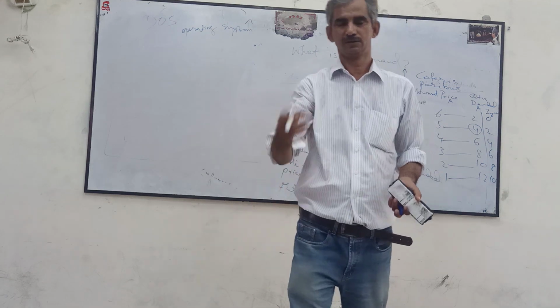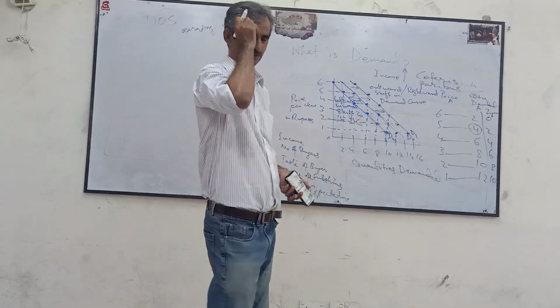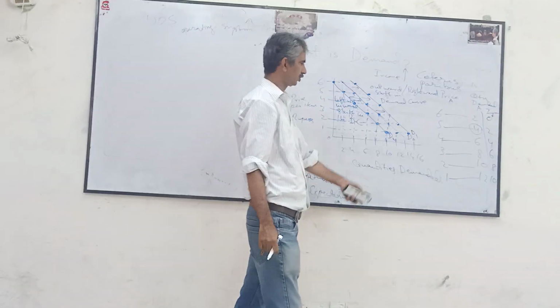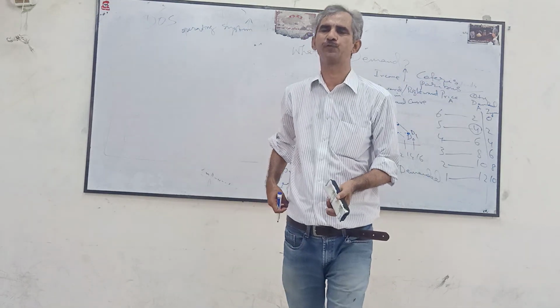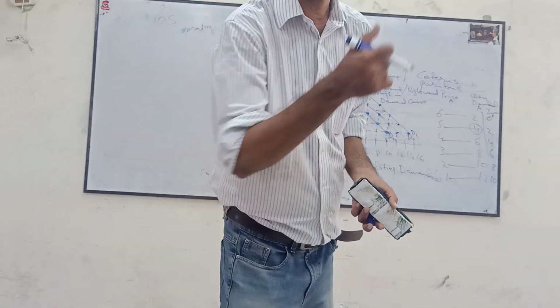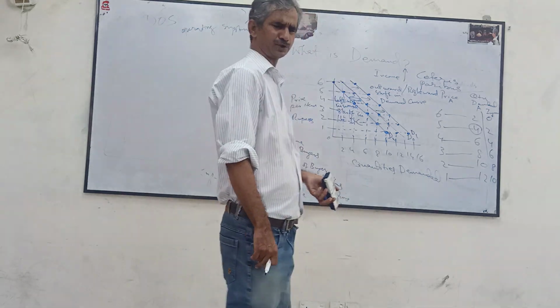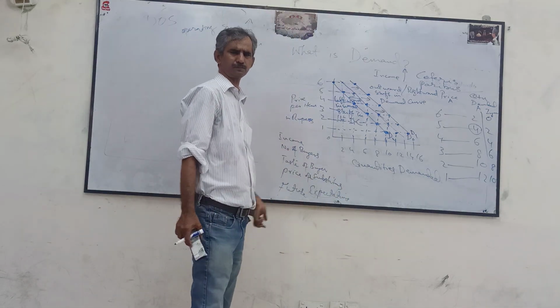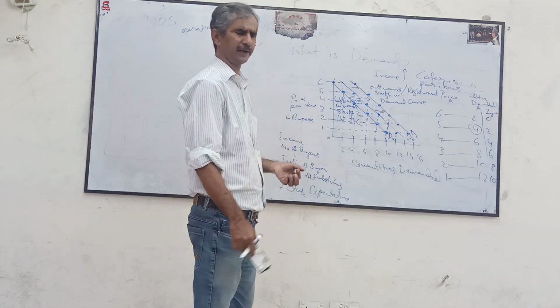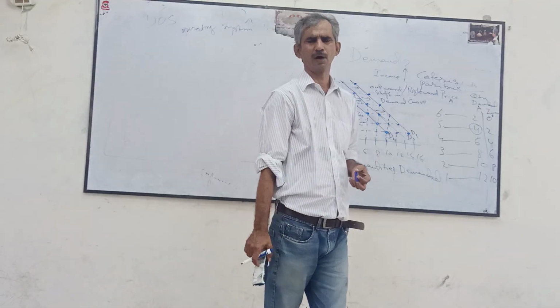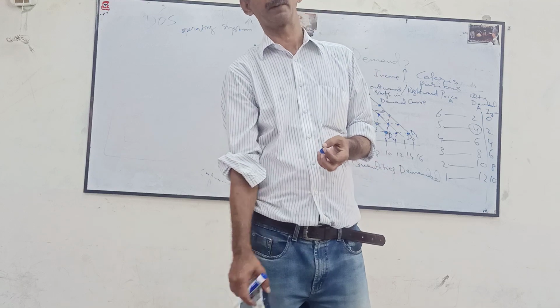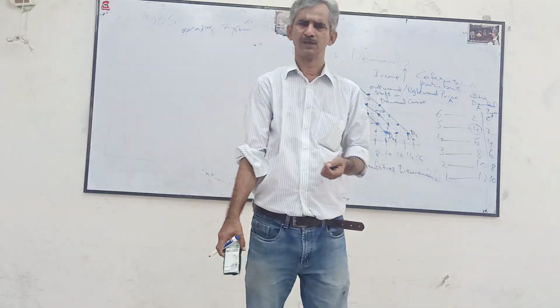Or we can say a leftward shift in the demand curve, and we can apply the same graph on all other factors which are affecting the demand line. So another factor which can shift the demand line is the number of buyers. Number of buyers means the people who are present in the market.